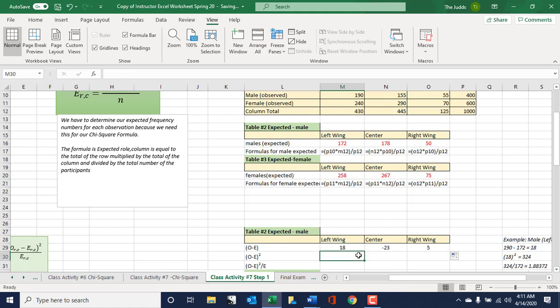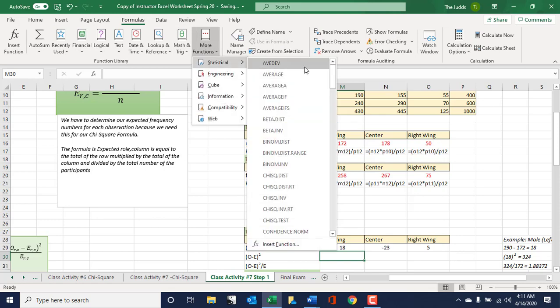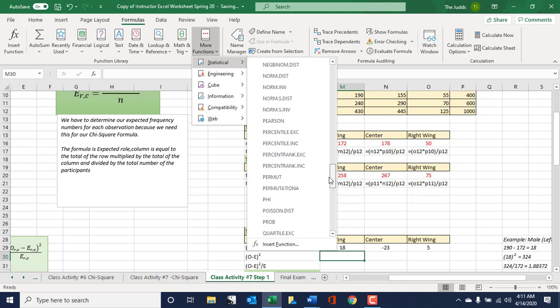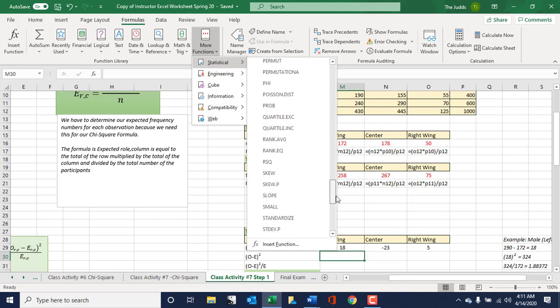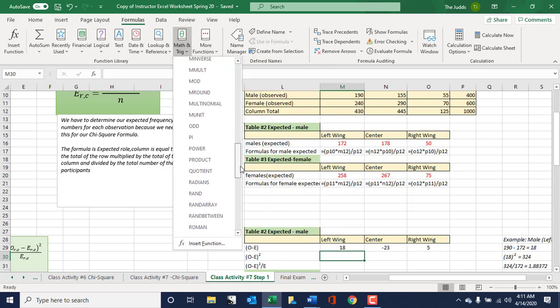We're going to come up here and highlight this square right here under the 18. We're going to come up here to our formulas, to more formulas. Sorry, you're going to go to math, not statistics.